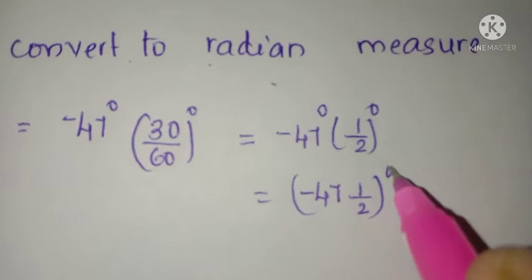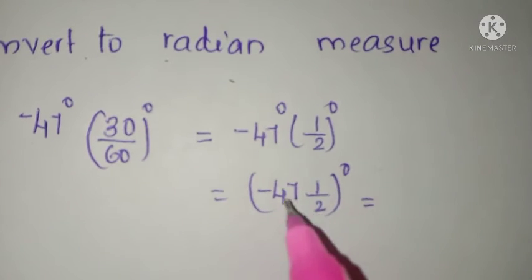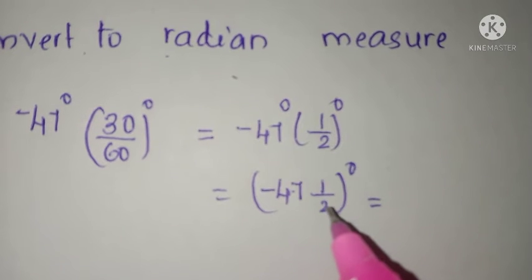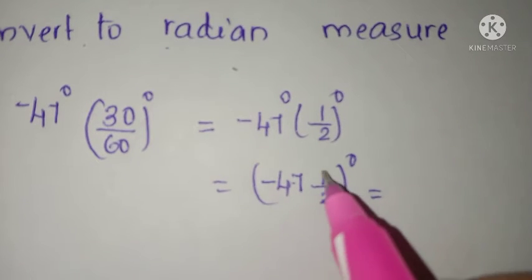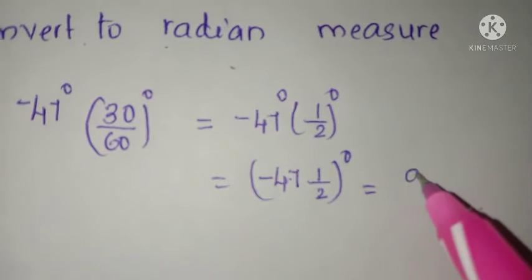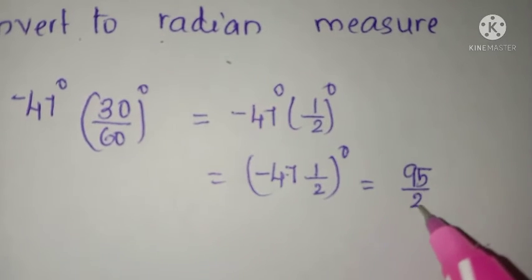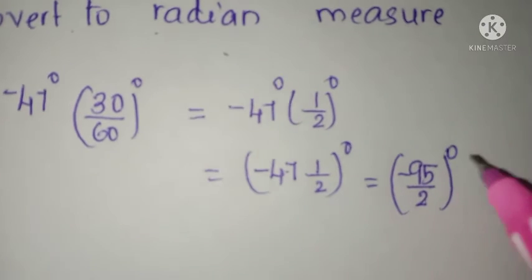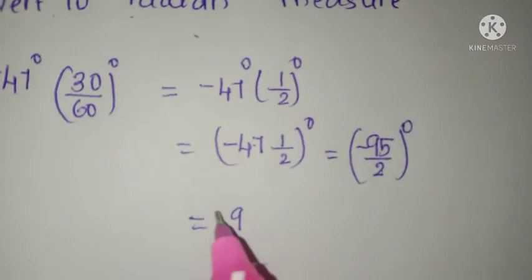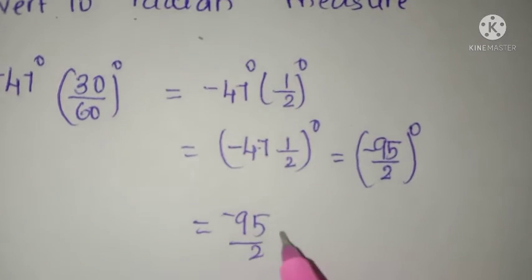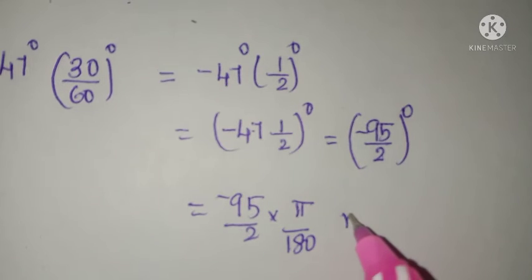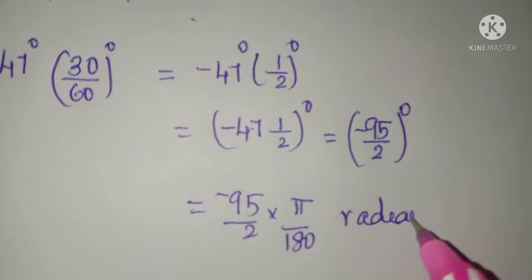This is a mixed fraction, so this can be written as minus 47 into 2 plus 1. So it is 94 plus 1, that is 95 by 2 degree. Now convert this degree measure into radian by multiplying with pi by 180. Now this becomes a radian measure.